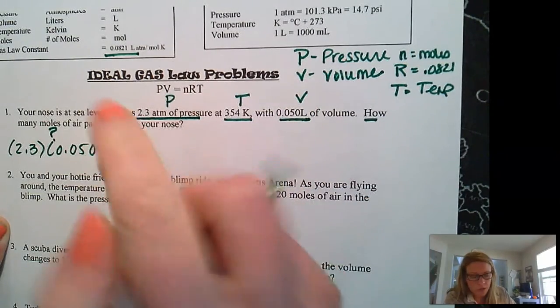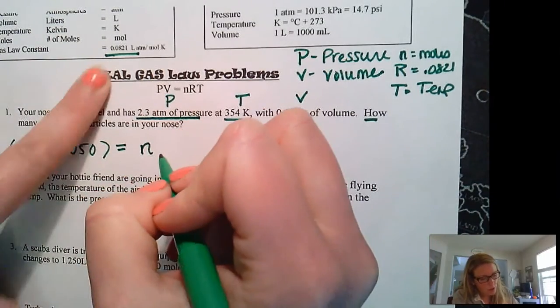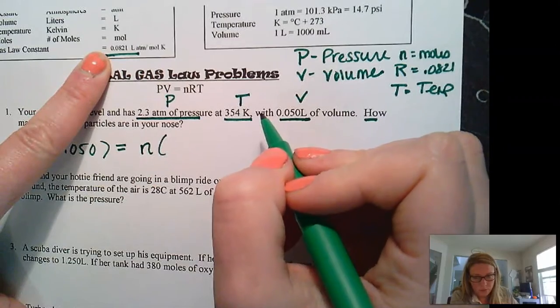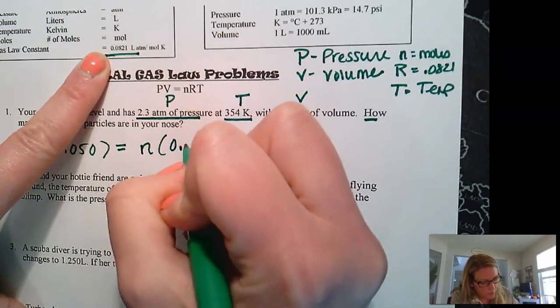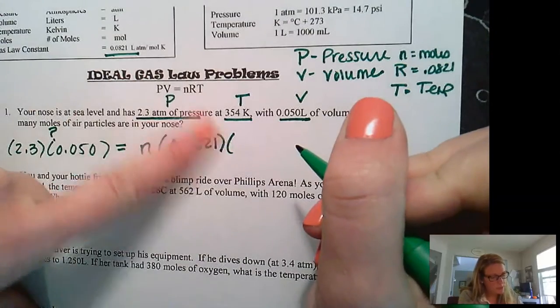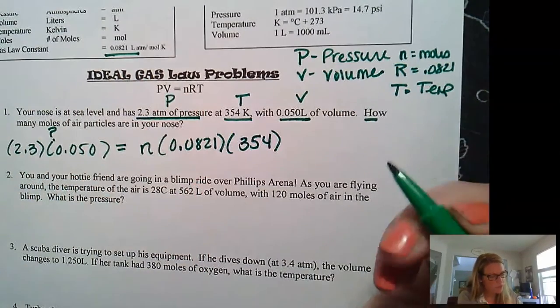Do we know what n is? No. The next one is R. The R constant is up here, and it'll be written right beside it in your test, 0.0821 times temperature, and we know temperature is 354 kelvins.